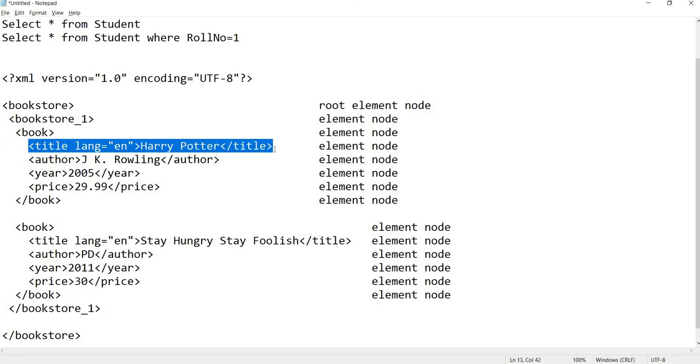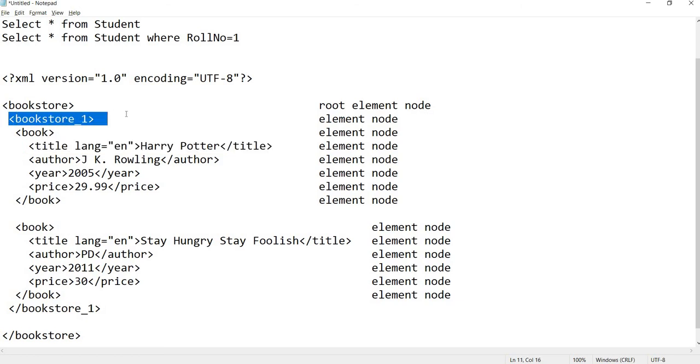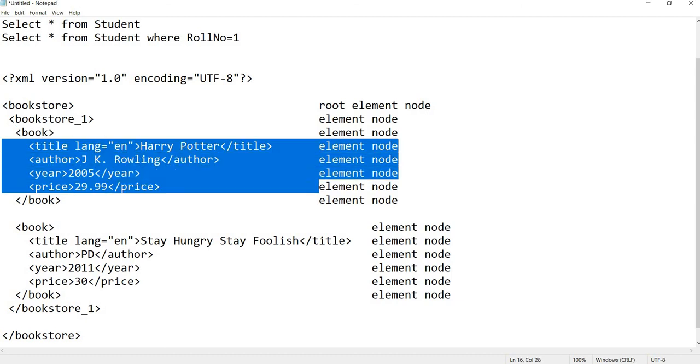Let's revise it quickly here. So bookstore has bookstore underscore 1 as child, and bookstore has bookstore underscore 1, book, title, author, year, price as its descendants. This book is a parent of these title, author, year, price.